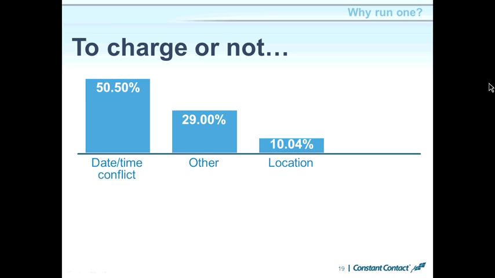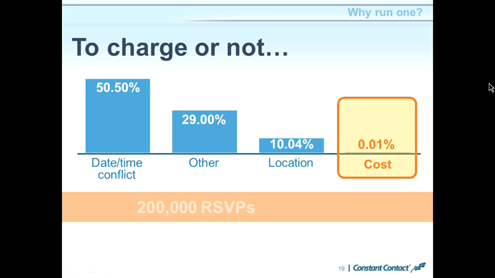And when it comes down to cost, out of all those responses, the percentage of people who cited cost as the reason they were declining was 0.01%. Now think about that. Out of 200,000 responses, only 0.01% cited cost. That's only 20 people.